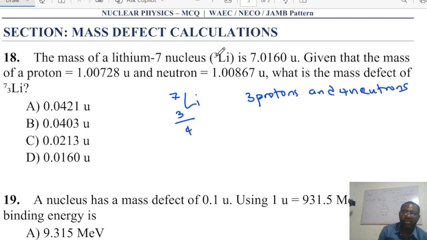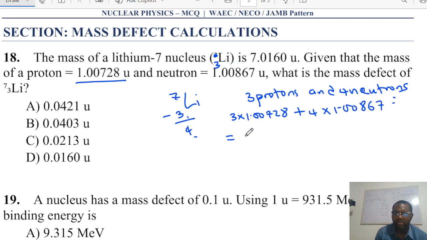So this is actually a mistake. This shouldn't be written here. It should be written here. Mass number minus atomic number gives us the number of neutrons, that's why we say 4 neutrons. So if we check this now, since a proton weighs this, it's going to be 3 times 1.00728, plus 4 neutrons, which is 4 times 1.00867.